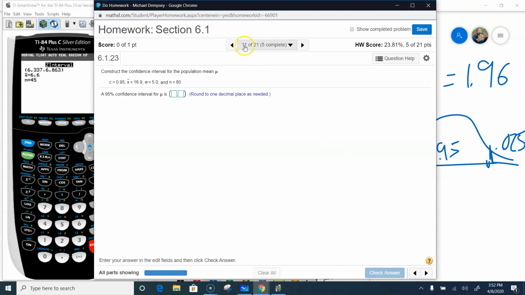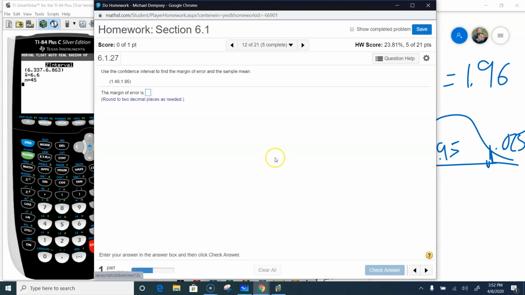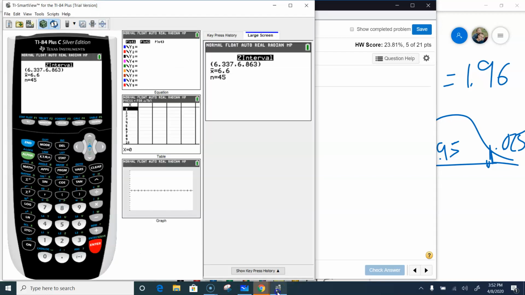Okay, so this is pretty much the same as the one we just did there. I'll skip that and take a peek at number 12. Use the confidence interval to find the margin of error and the sample mean. So they give us a confidence interval that goes from 1.49 to 1.95.